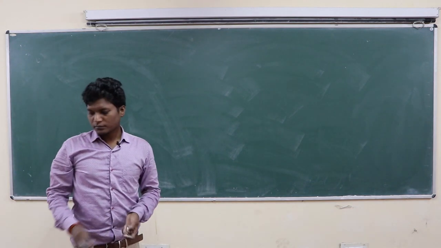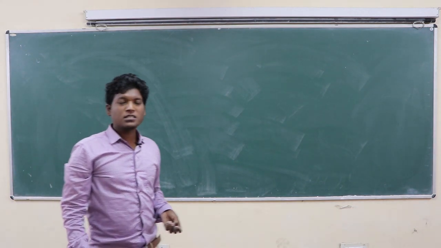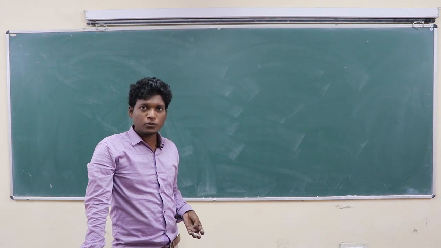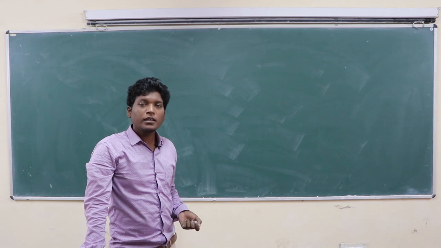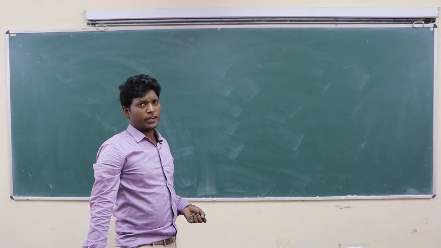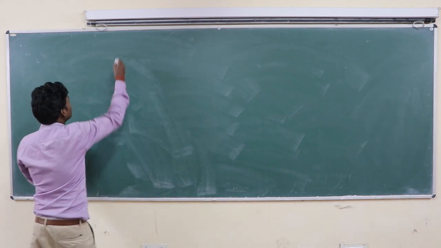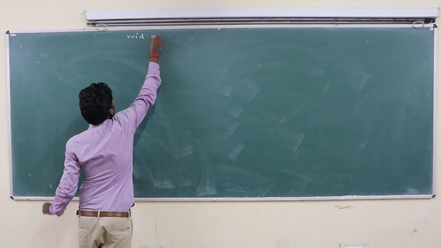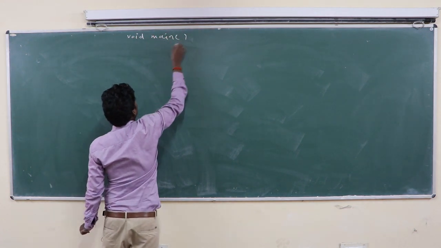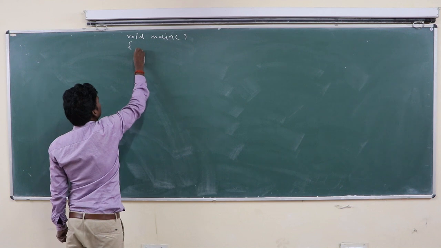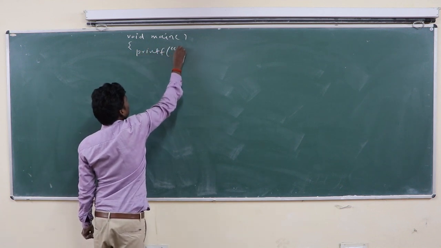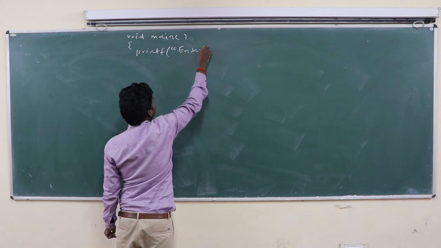Example is the same. Write a program in C to calculate the percentage of marks of 5 subjects of a student and check whether he is failed or passed. If passed, then with what grade? Here void main, printf enter the percentage.